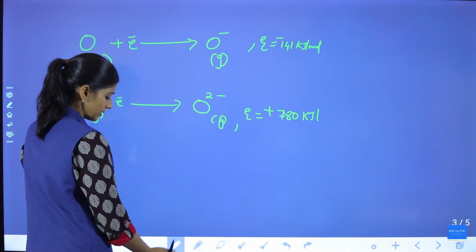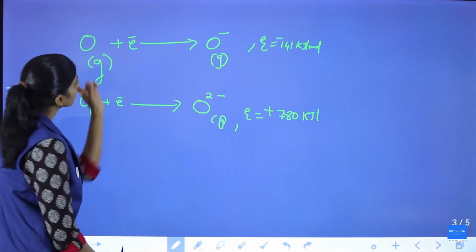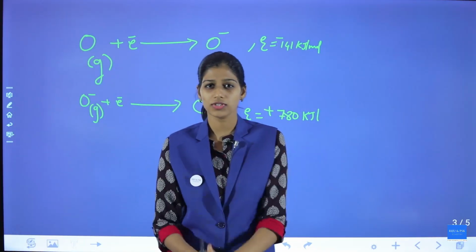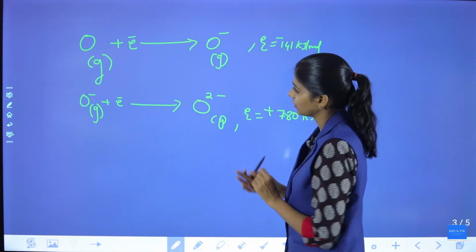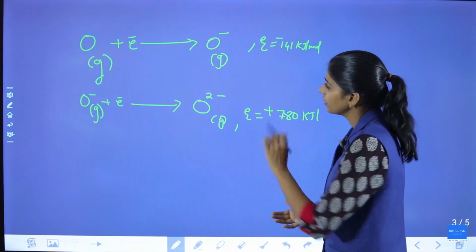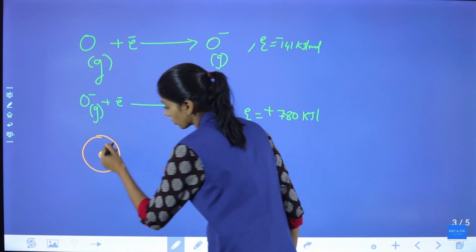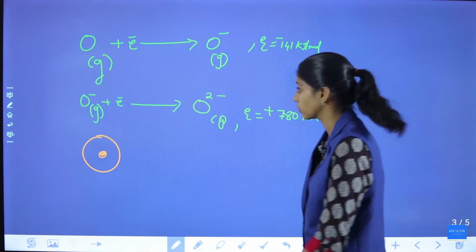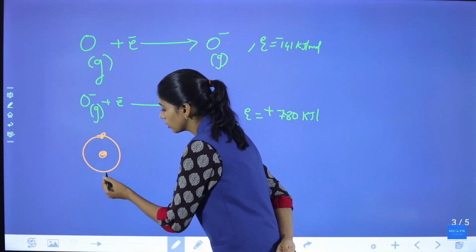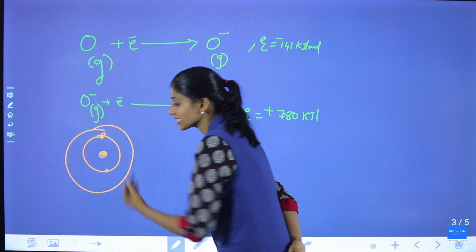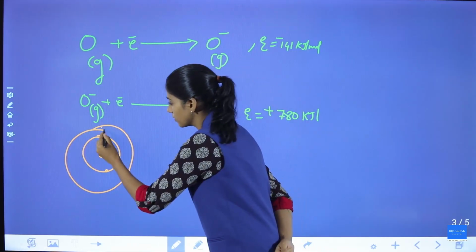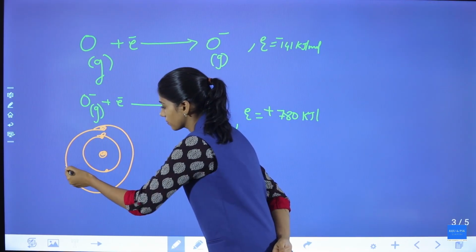Focus on your first process. In the first process, you have oxygen, you are adding the electron. Okay, now in this first process, the oxygen case, let's say this is your nucleus. Initially you had 2 electrons. This is the second shell. In the second shell you had 6 electrons.